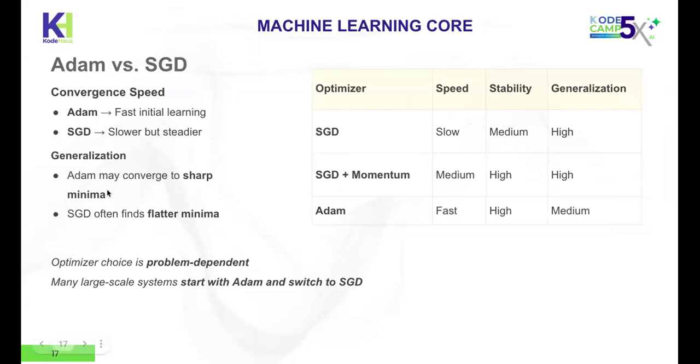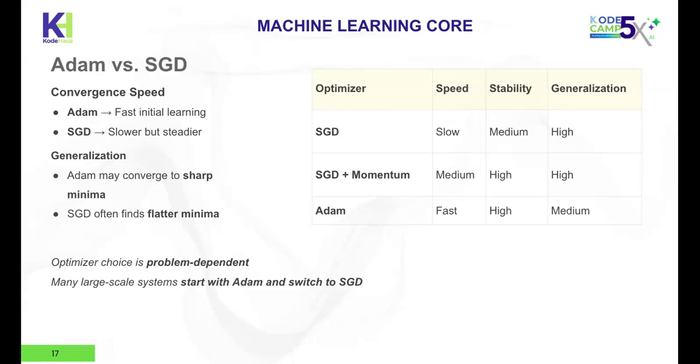So that's the thing. Adam may converge to sharp minima, right? In terms of generalization, but SGD often finds flatter minima. So one thing you need to see here is that optimizer choice is problem dependent. There's no optimizer that is better or worse, or that is the best for every type of problem.